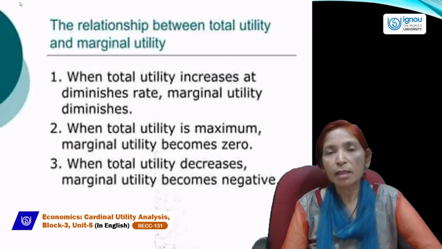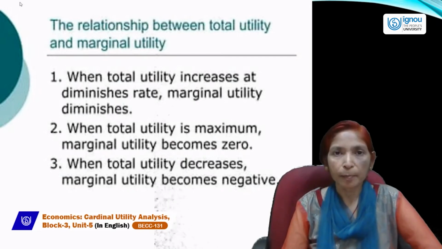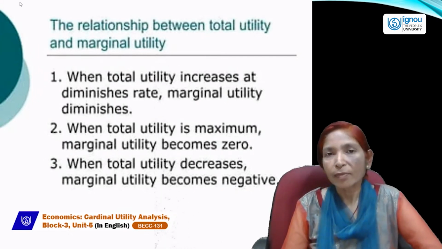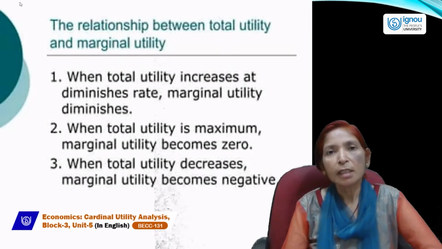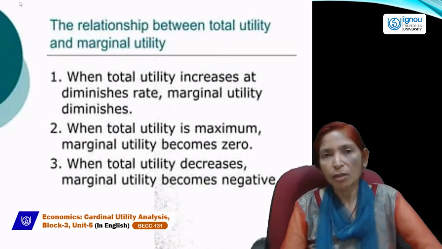Because total utility is the total satisfaction which we derive from the consumption of that commodity. And obviously, if we are consuming any commodity and that commodity is giving us satisfaction, that's why we are consuming it. So if any commodity is giving us satisfaction, it means we will definitely get total utility after the consumption of that commodity.